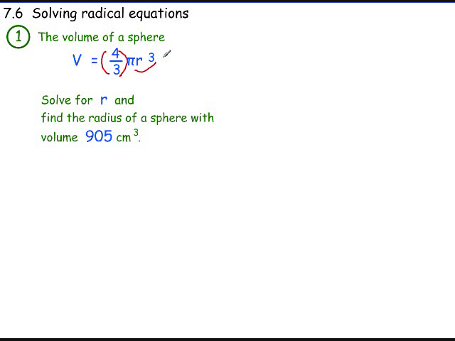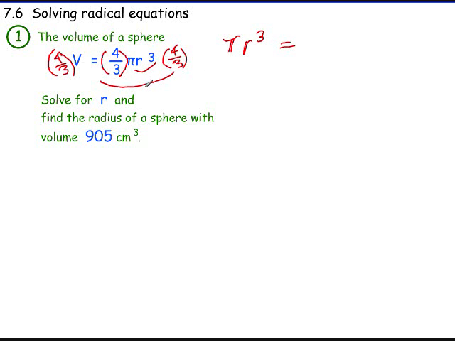So we're going to multiply by the reciprocal. And of course, what we do to one side of an equation, we do also to the other side.